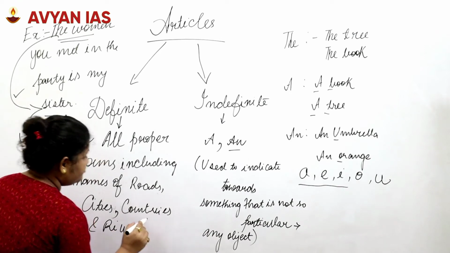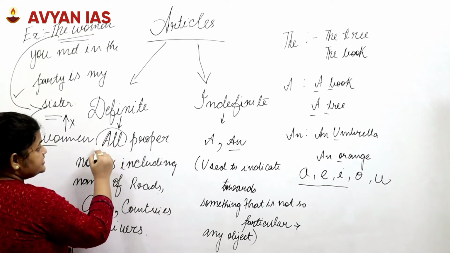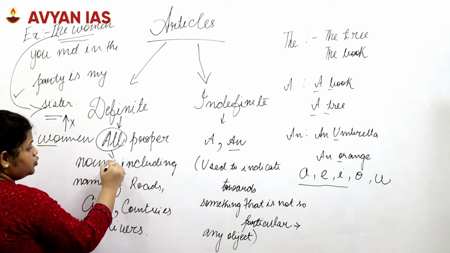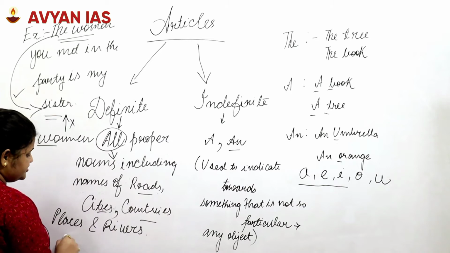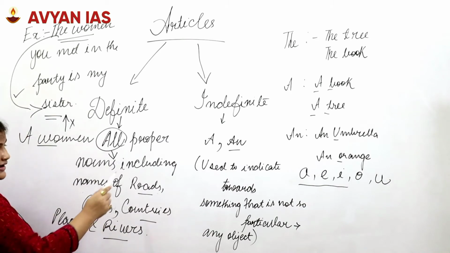So I say all because I am referring to only names of roads, countries, cities, rivers, places which are just one in number.